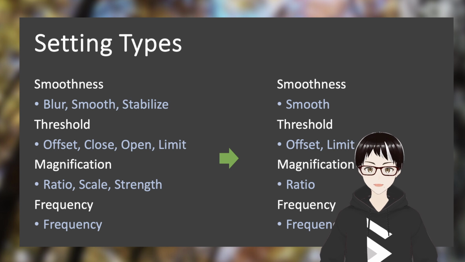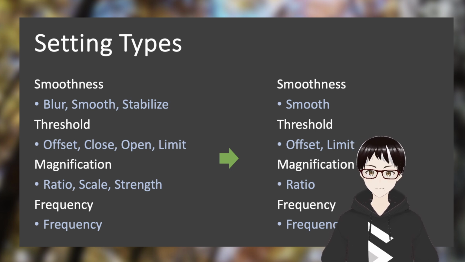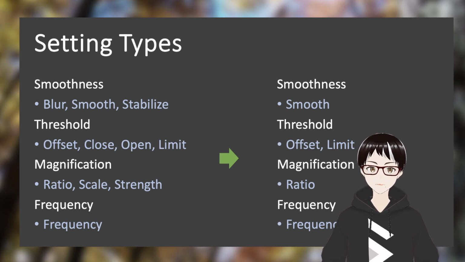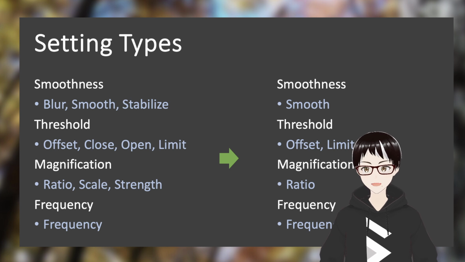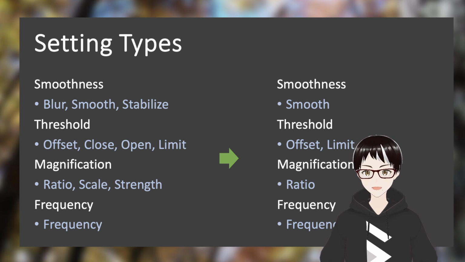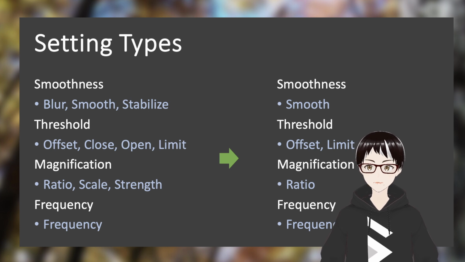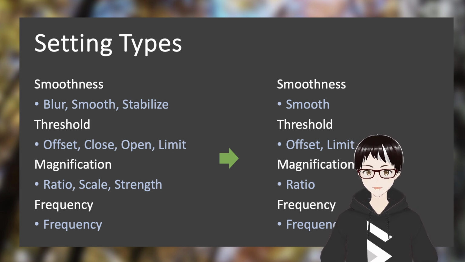So I slightly adjusted the OpenLive3D setting names so that at least there is some cohesion. For smoothness, it will always be called smooth. For threshold, if it is talking about the lower bound, it will be offset, meaning only when the value exceeds a certain value will something start to take effect.